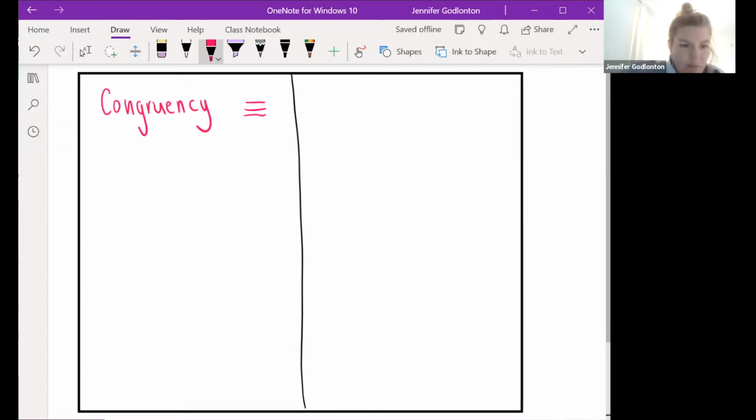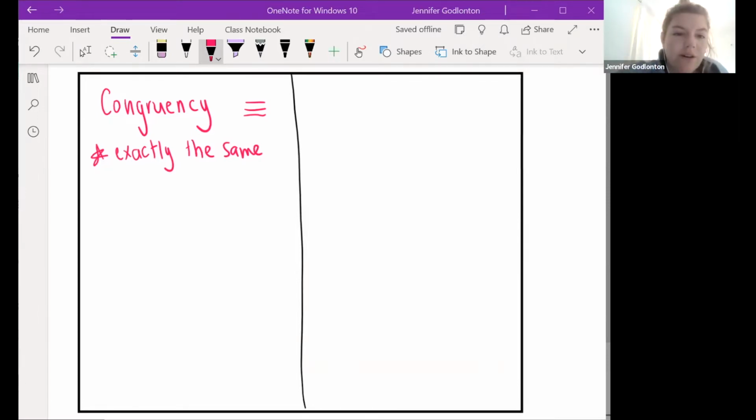Chilo, what's your answer here? For two triangles to be congruent, they're exactly the same. Same angles, same size, everything. If you cut one out of a piece of paper and you cut the other one out of a piece of paper, they would fit on top of each other perfectly. They are exactly the same in every way.